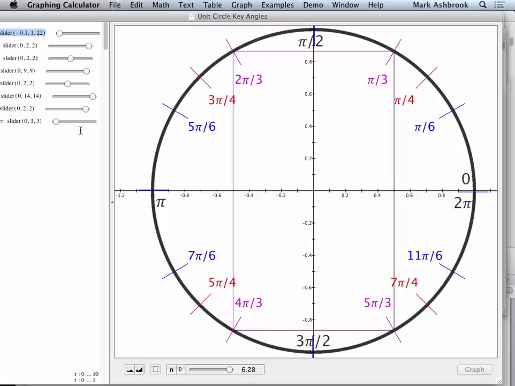And then I couldn't remember if, when I'm counting, I should include the pi over 4 and the 3 pi over 4. No, you don't count those, because we already counted them. Well, no, that's not why you don't.